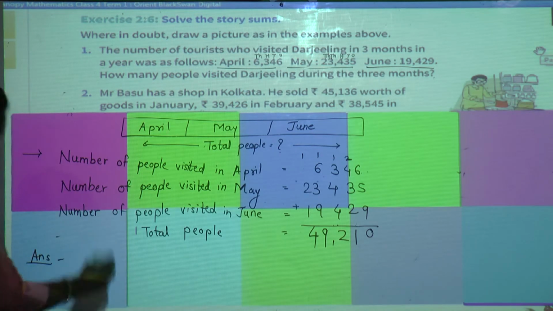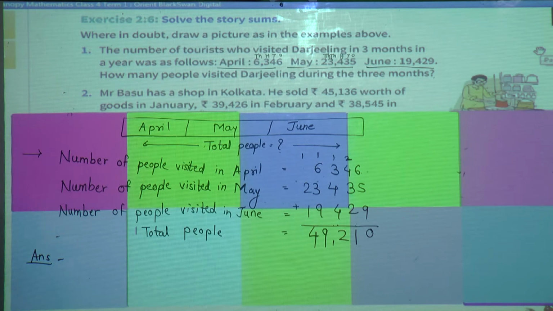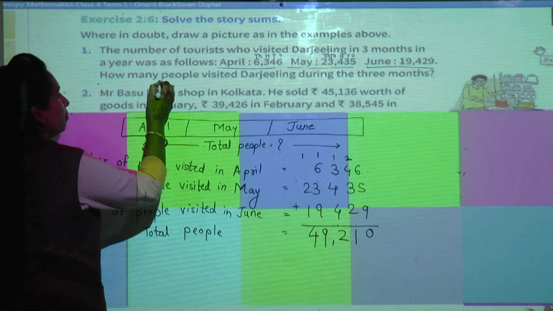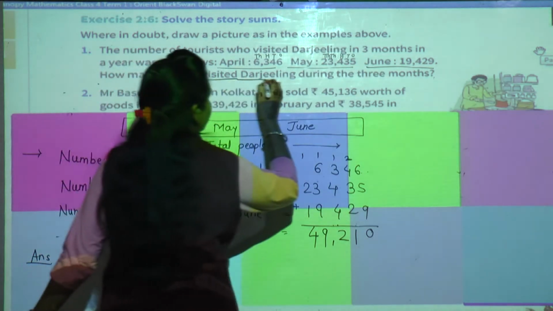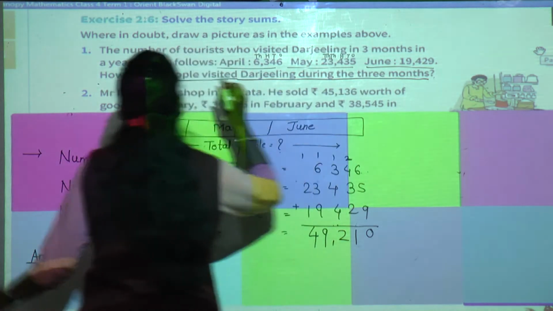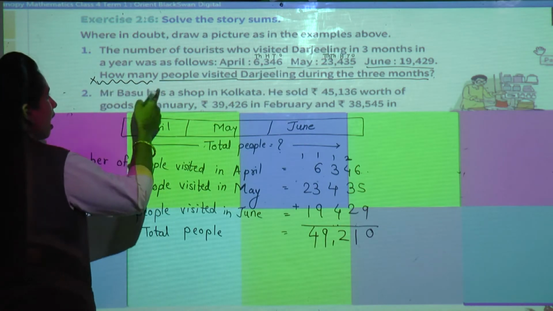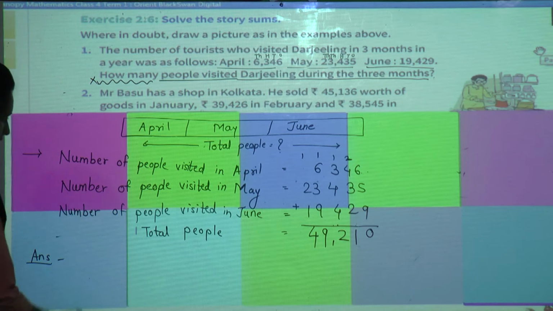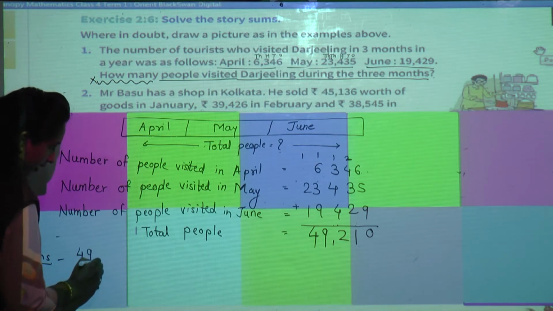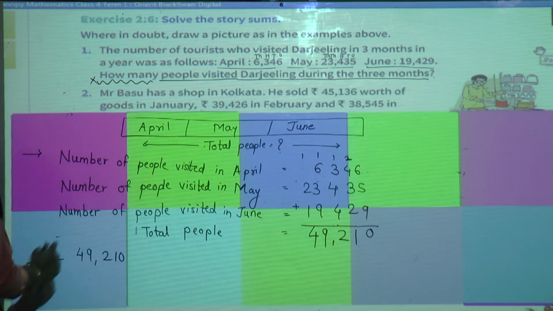Now we have to write the final answer in a sentence. This sentence you will also get in the question itself. See, how many people visited Darjeeling during the 3 months? See, how many is a question. Just skip this how many and write whatever number is given: 49,210.